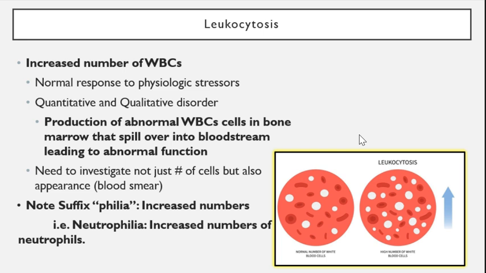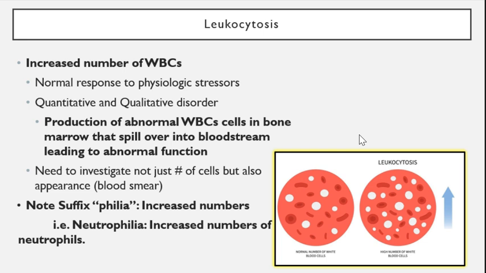So the first concept we're going to talk about with hematopoietic disorders is leukocytosis. The suffix cytosis means that you have a lot or too many of whatever the thing is. So if you have leukocytosis, you have too many white blood cells, right?